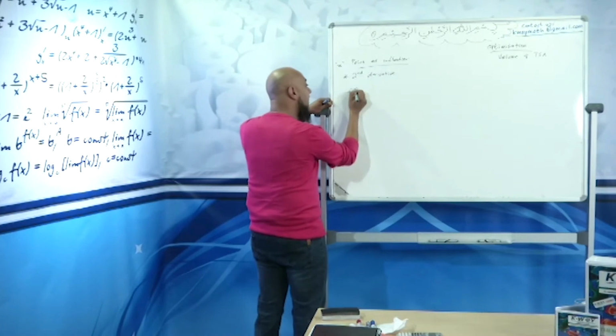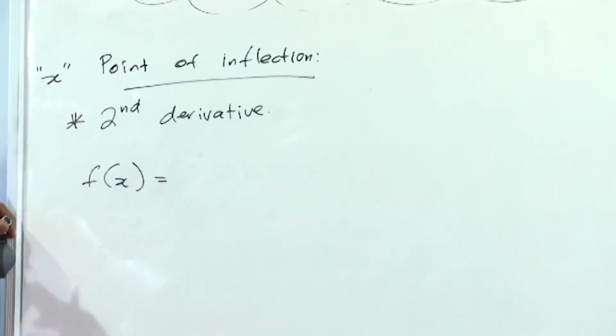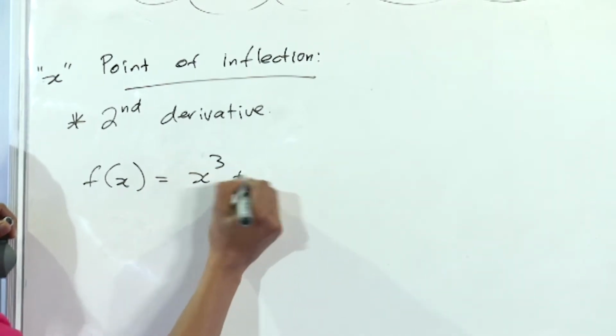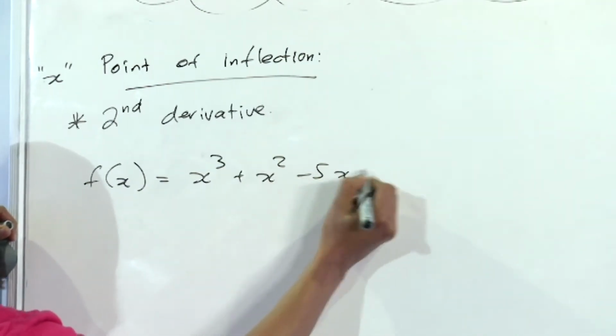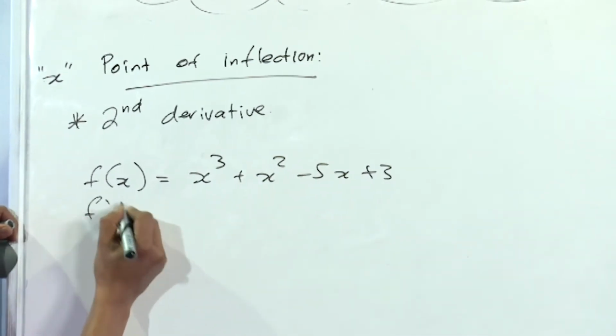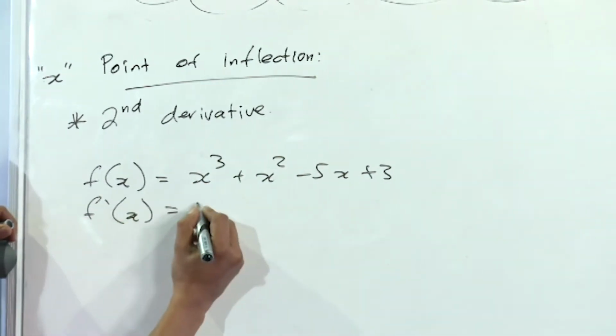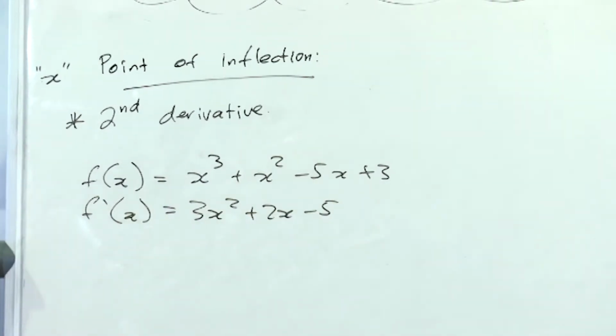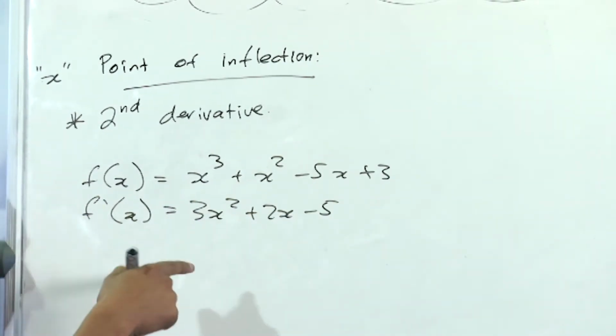In our previous episode, the example we used was f of x equals x cubed plus x squared minus 5x plus 3. We found the first derivative, which was 3x squared plus 2x minus 5. If you still have your notes, go back and check.